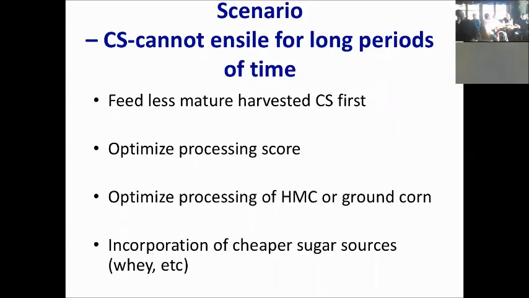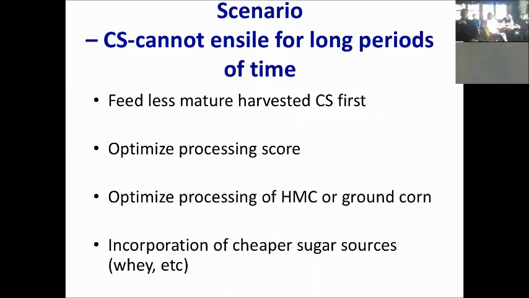If you had different fields or different bags that were segregated, I'd feed the stuff that was a little less mature first, and keep the more mature material in the silo to let Mother Nature do its proteolytic thing and improve the stability for that first.